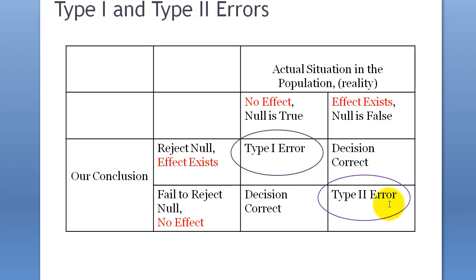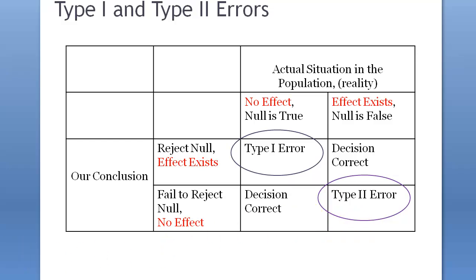But at the same time it has no financial implications or loss. I mean, you may not make a profit, but there's no loss from making a type 2 error.